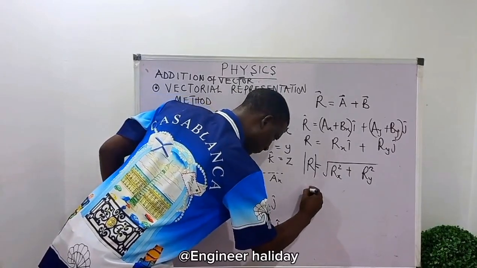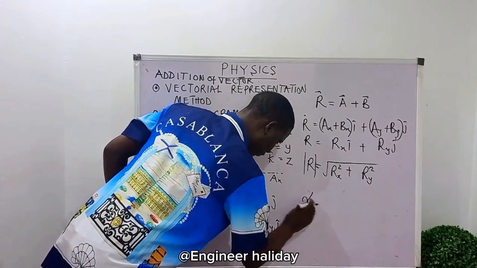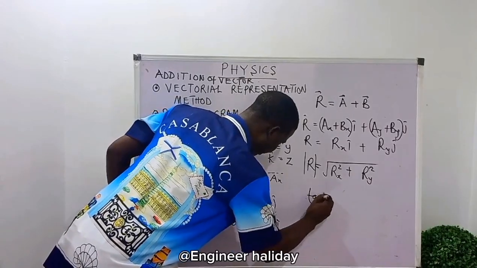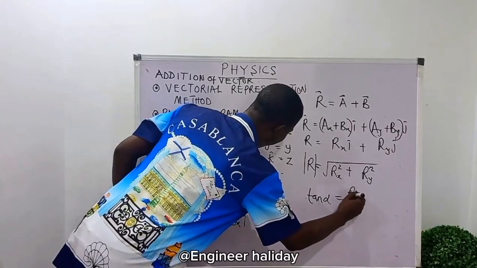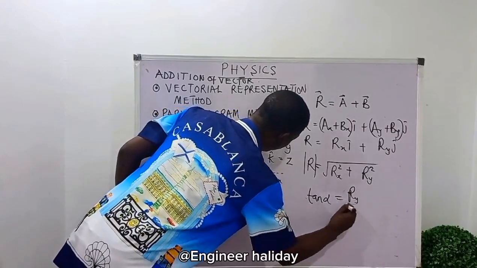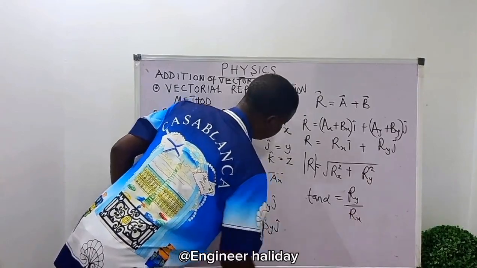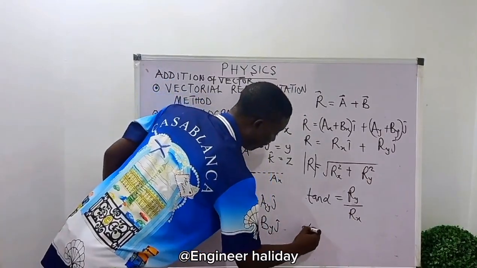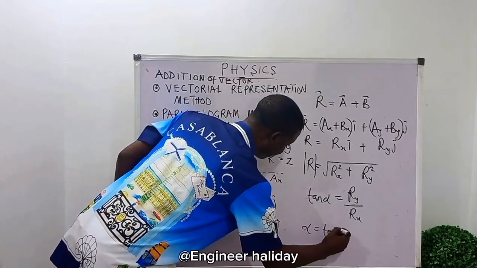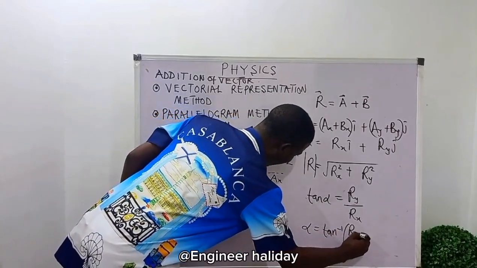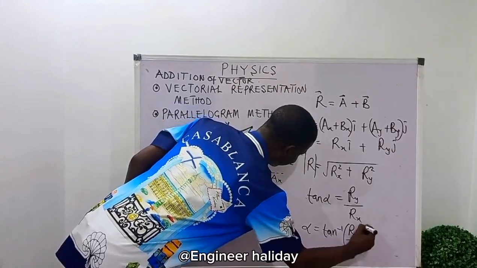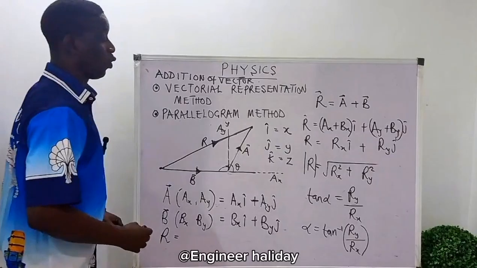It gives us tan alpha equal to Ry over Rx. In that case, alpha equals tan inverse of Ry over Rx. So that's what we are going to have.